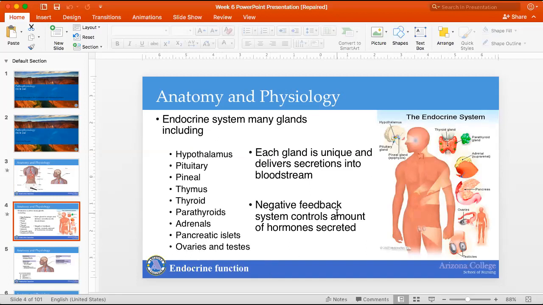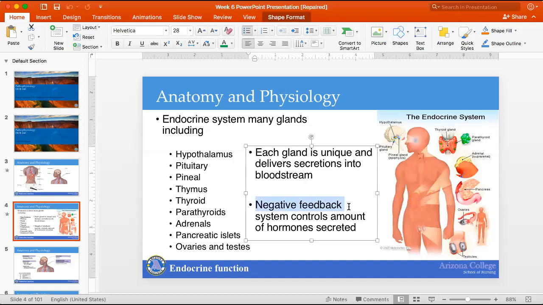A negative feedback system controls the amount of hormones released. What a negative feedback system is: if the body senses that there is too low an amount of something, it will start creating hormones to raise it back up to a normal homeostatic level.